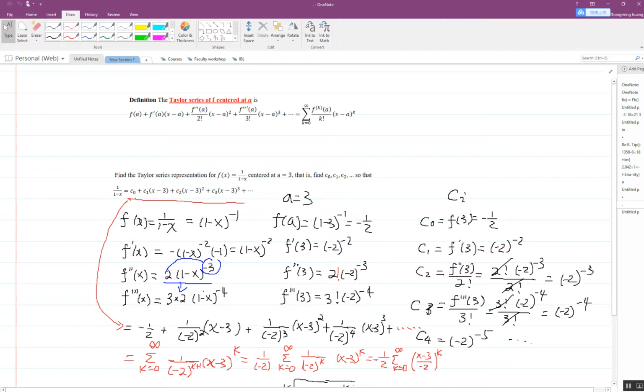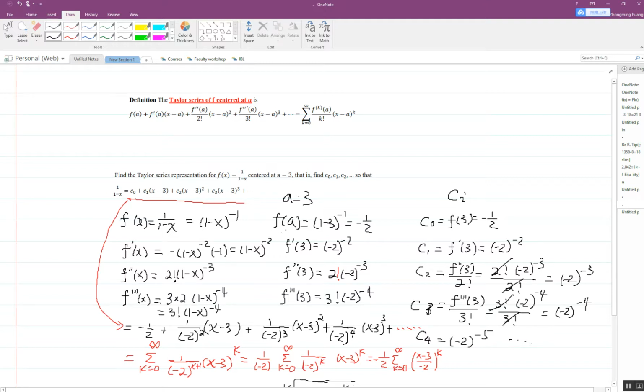There's a negative sign coming from the derivative of the inner function, so it is 3 times 2 times 1 minus x to the power negative 4. This is the same as saying 3 factorial times 1 minus x to the negative 4. And this 2 is actually the same as 2 factorial.